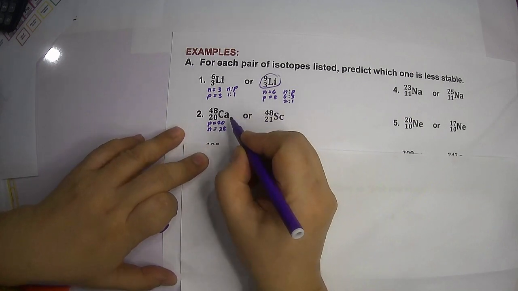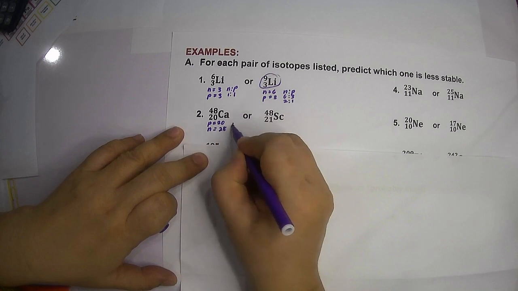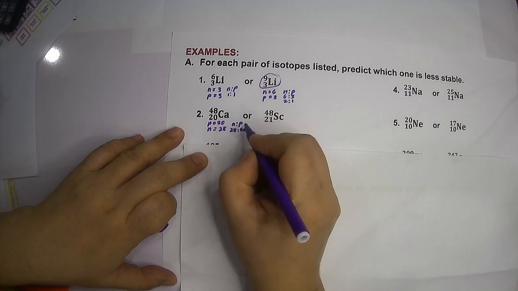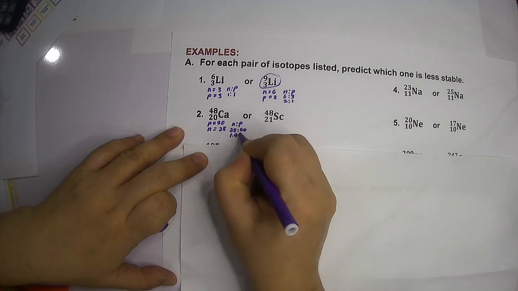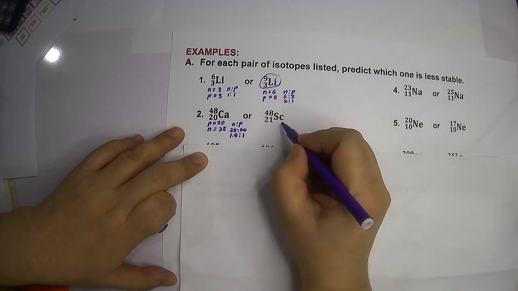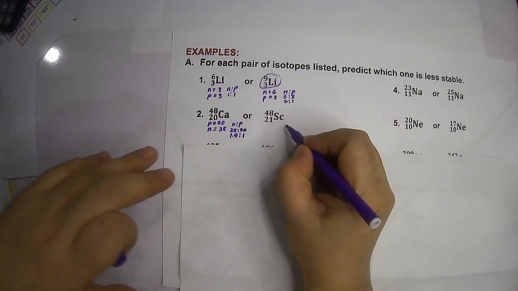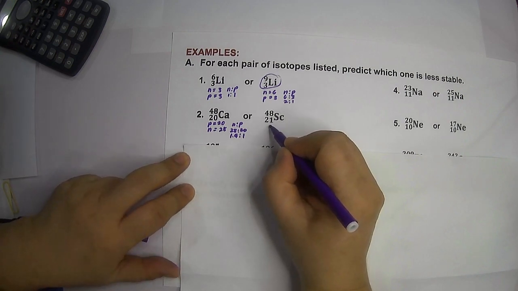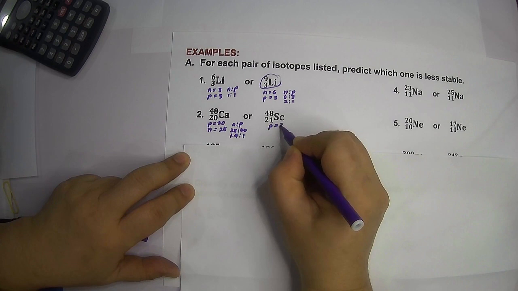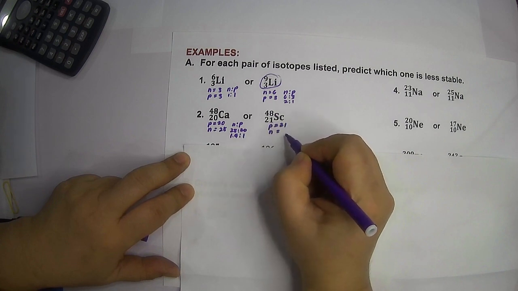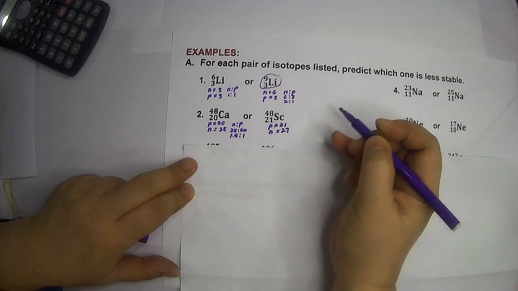Okay. If you take the ratio of neutron to proton, that is 28:20, that will give you 1.4:1. In the case of the next element, scandium 48, the number of protons is 21, the neutron is 48 minus 21, that gives you 27.